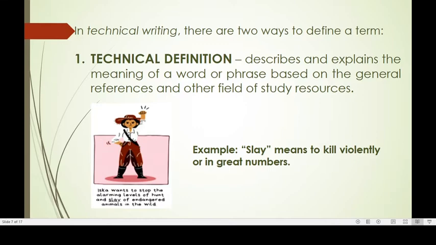Let's take a look at the picture below. The sentence says, Iska wants to stop the alarming levels of hunt and slay of endangered animals in the wild. In this case, the word slay means to kill violently or in great numbers.